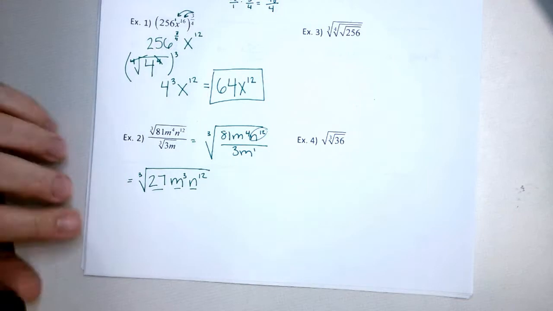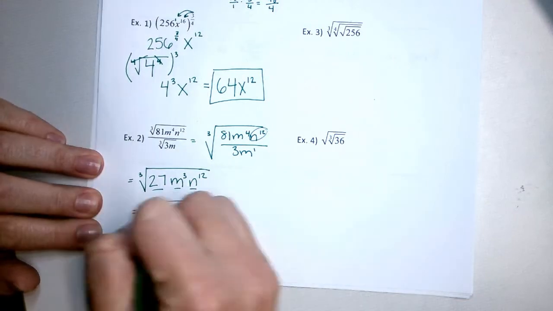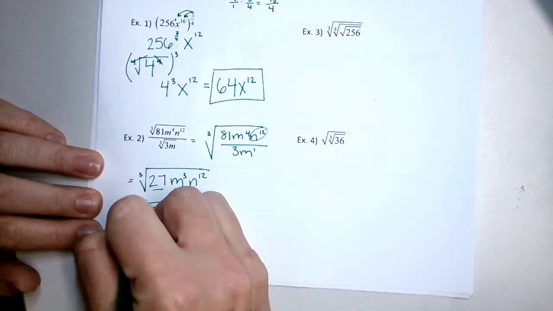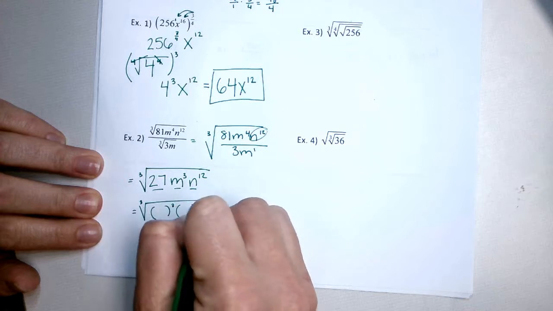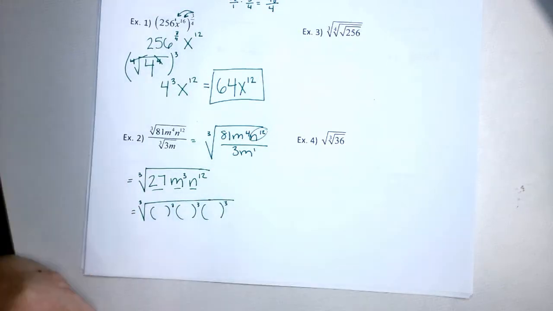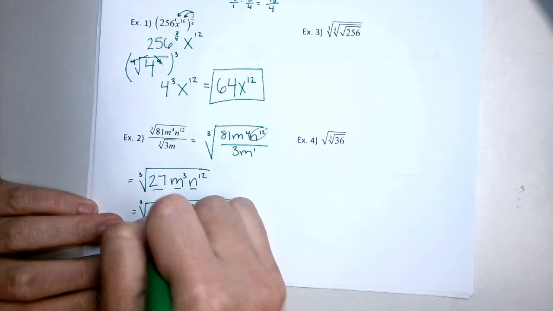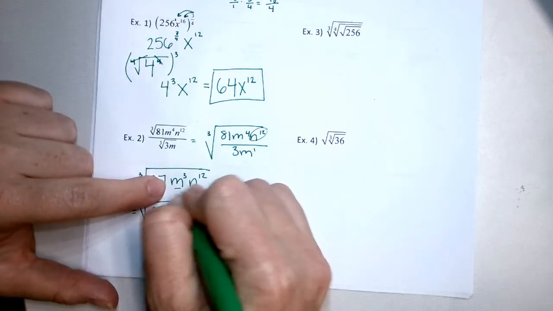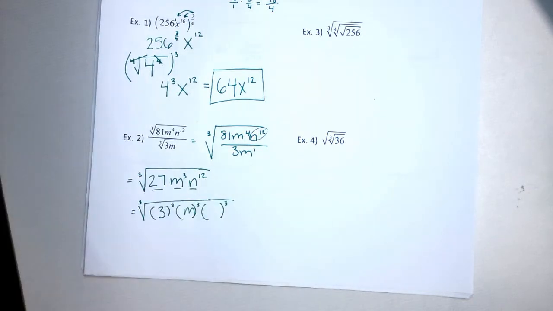So I'm going to find three things cubed. What cubed gives you 27? Now m cubed gives you m cubed. But what about n to the 12th power? We've done this before.